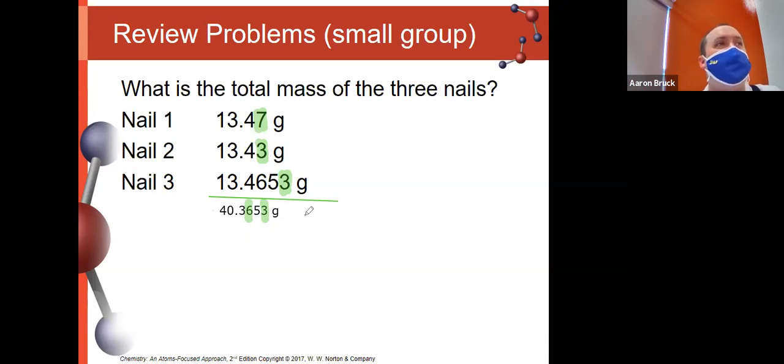Which one do we have to discard? Well, we can't discard the hundredths place, because if we discard the hundredths place, all the other numbers would just move up to replace it. They become uncertain as well.